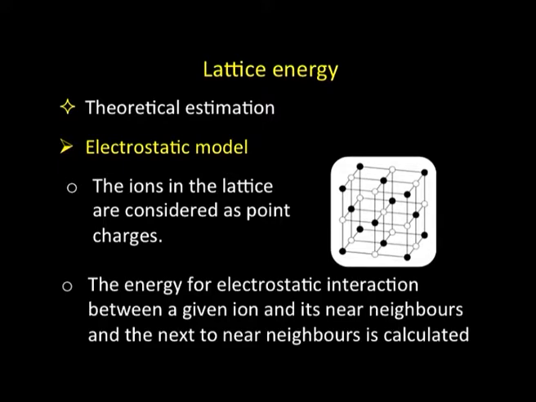Secondly, we take any one ion and try to see how many neighbors there are, and what kind of interaction there is between this ion and all neighboring ions, and the subsequent ions also. That means we work out the energy of electrostatic interaction between a given ion and its near neighbors, the next-to-near neighbors, and so on. If I focus on one particular ion, it is in interaction with a large number of ions in the neighborhood.